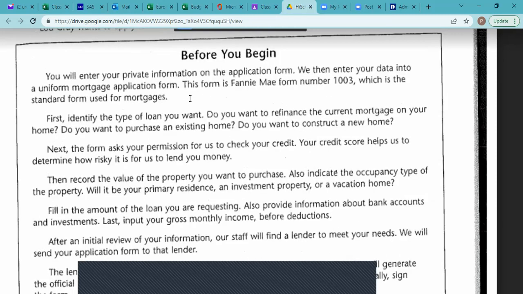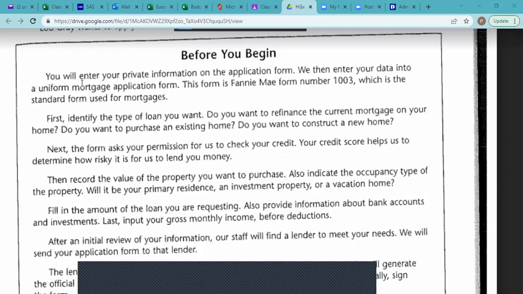Aha. Of course, it's at the very first paragraph, right? You will enter your private information on the application form. We then enter your data into a uniform mortgage application. Take a look at the next sentence after that. And it says this form is Fannie Mae form, which is the standard form used for mortgages. So if you go back to the reading, you would look at that sentence that the word is in, maybe look at the sentence after.